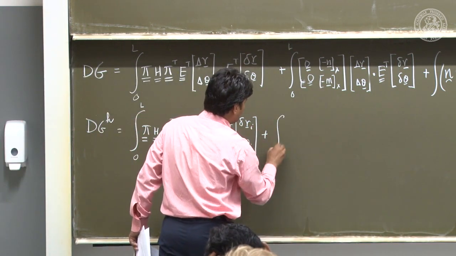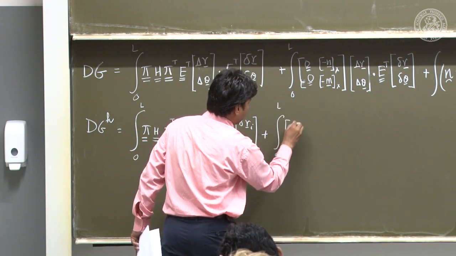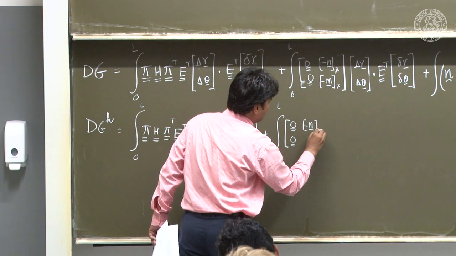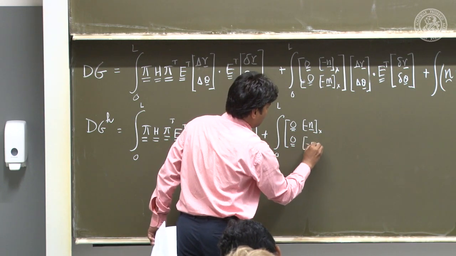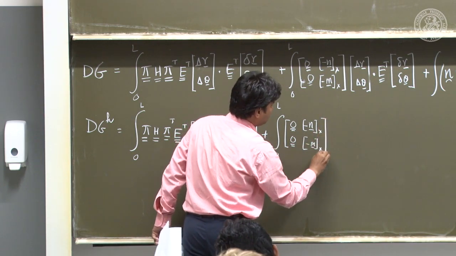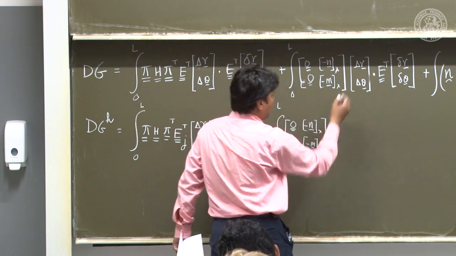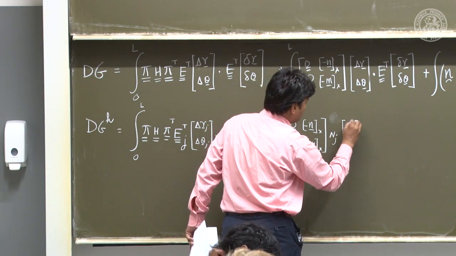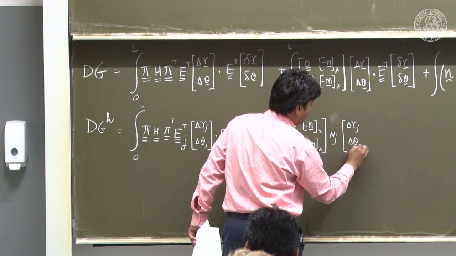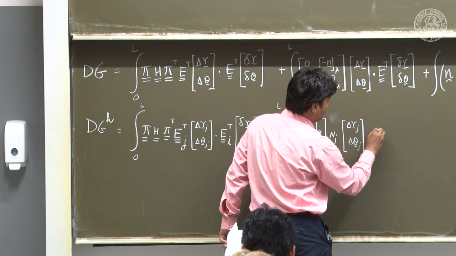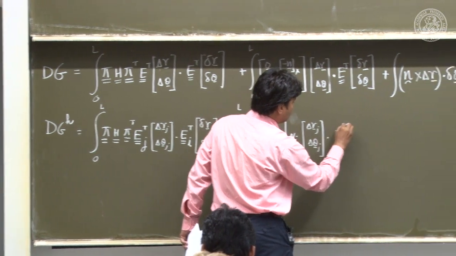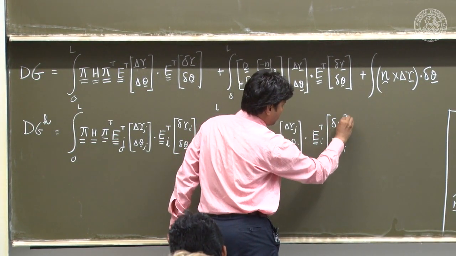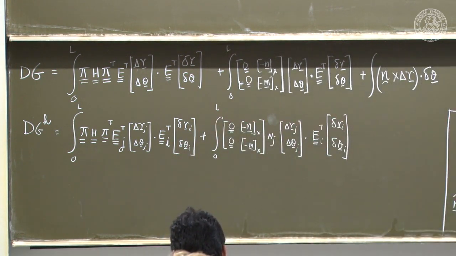Plus you come over here 0 to L, 0 0 minus n cross minus m cross, and then you get n j delta little r j delta theta j dot E I transpose del little r I del theta I, isn't it?